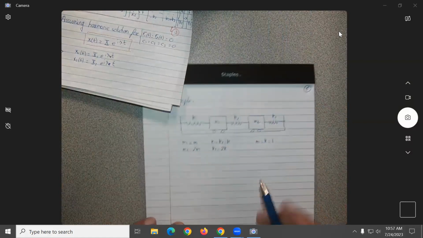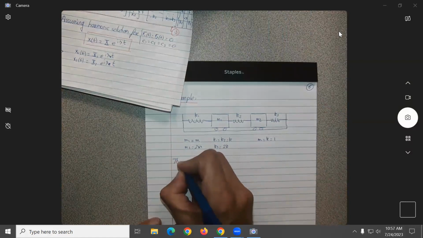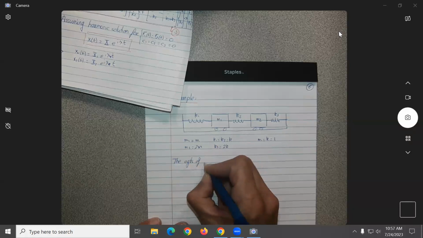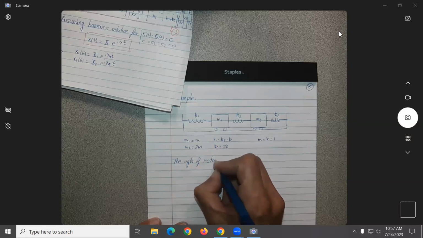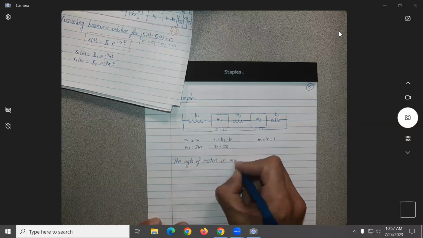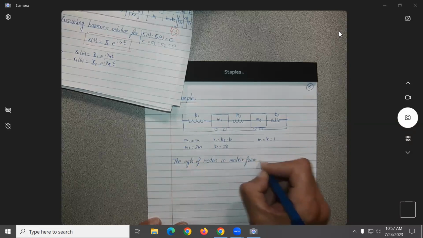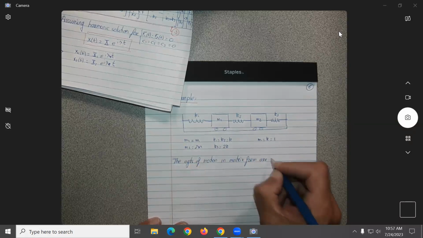So using this equation here, the equations of motion in matrix form are what?